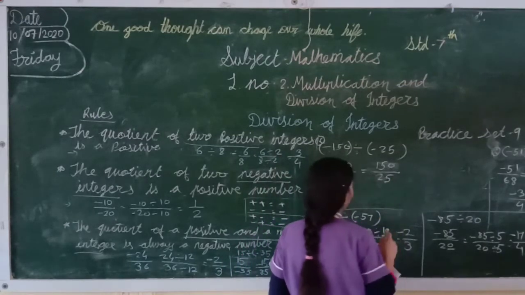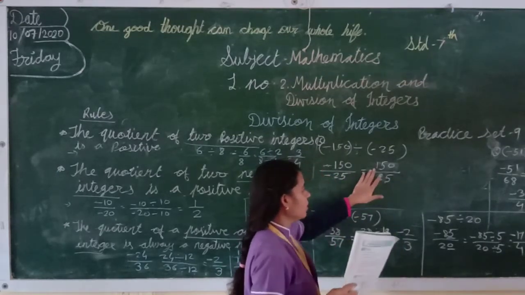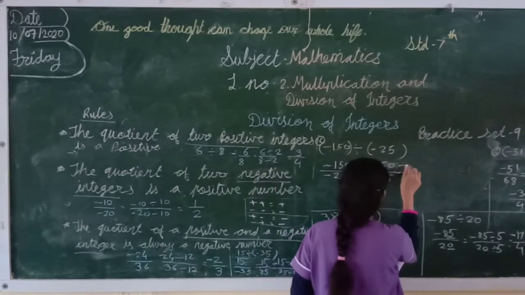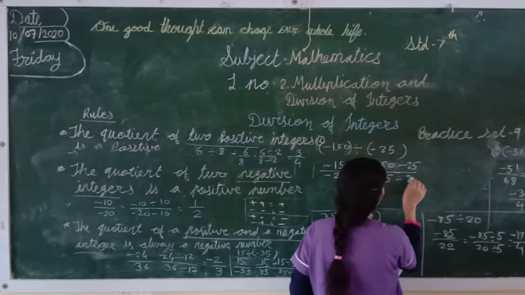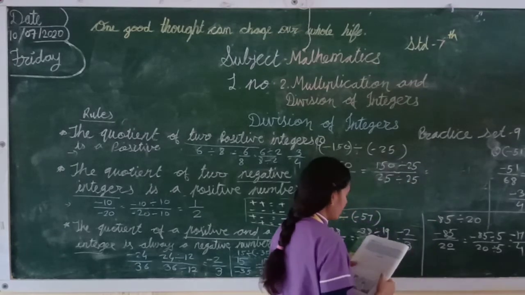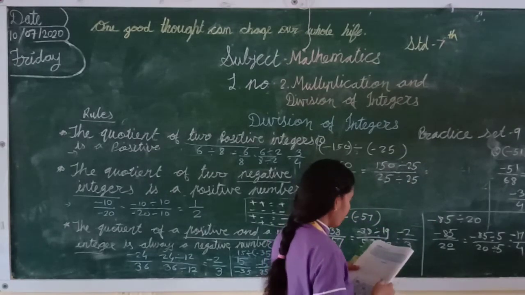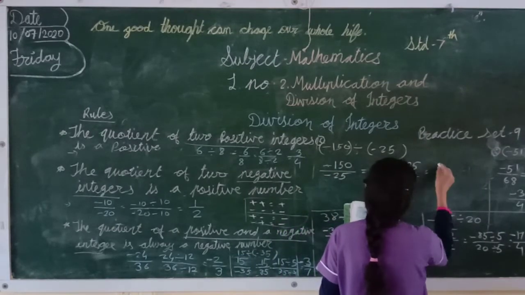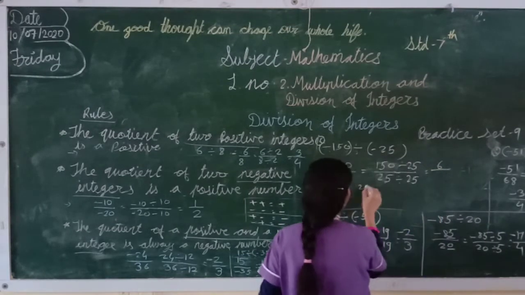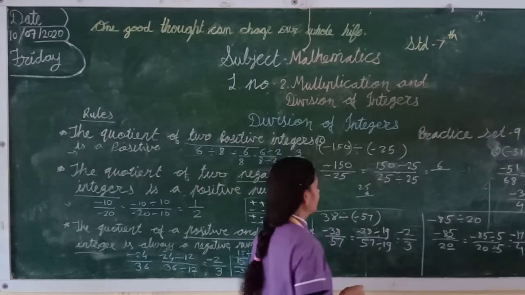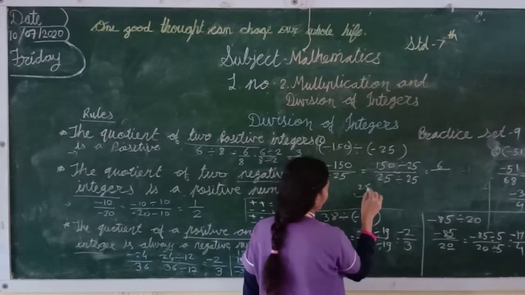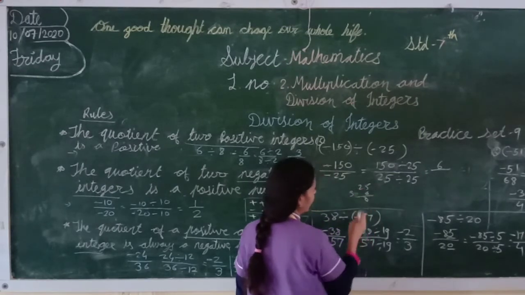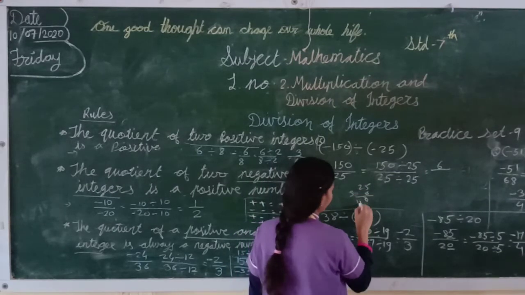So 150 and 25, both numbers come in table 25. So we will divide by 25. Okay, now students you can see. 25 6s are 150. 5 6s 30, 3 carry, 6 12, 13, 14, 15.